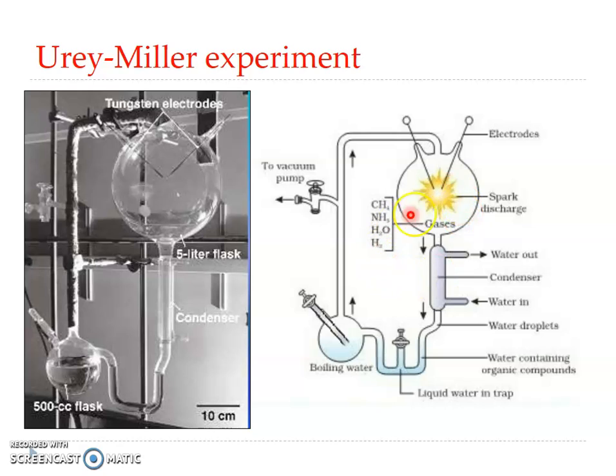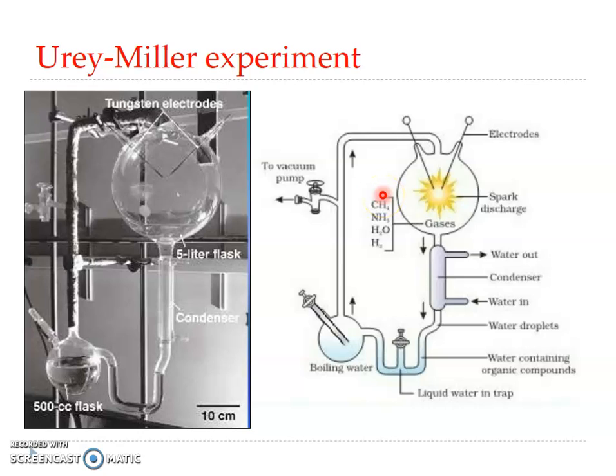Before this experimental setup was established, the whole apparatus was evacuated with the help of a vacuum pump, and then all the gases were introduced, plus the water vapor. So this was how the experimental setup was made.